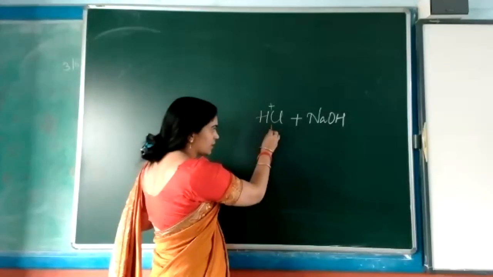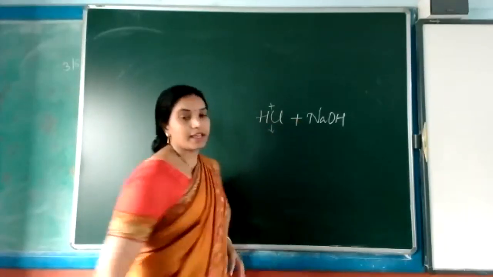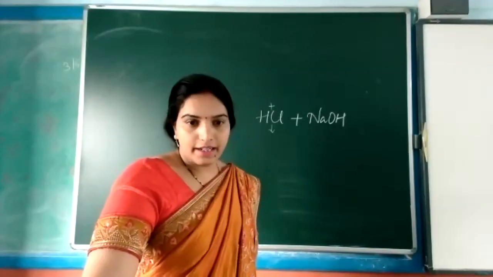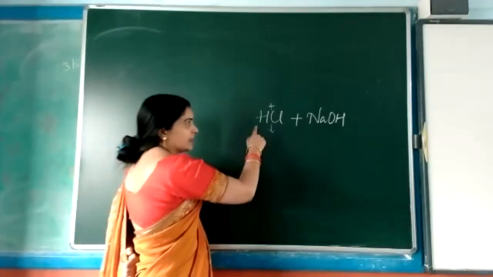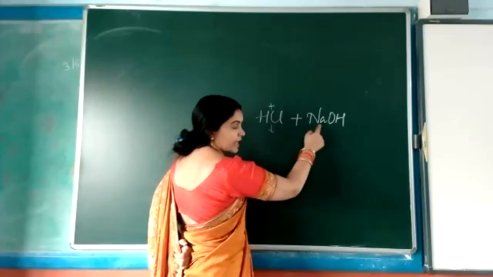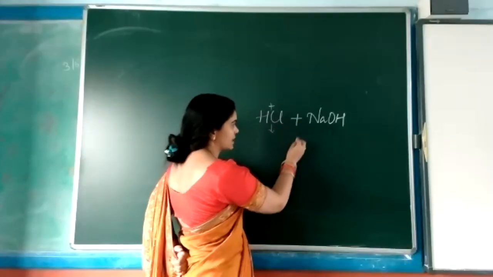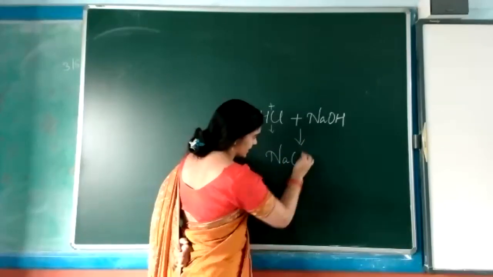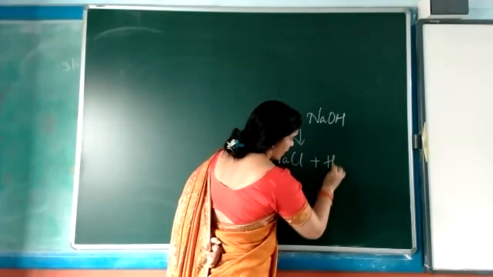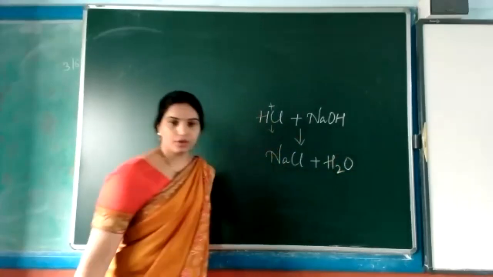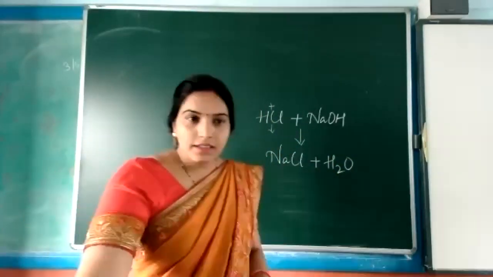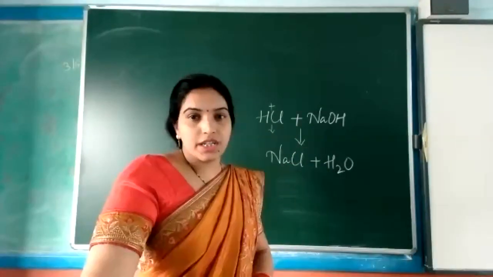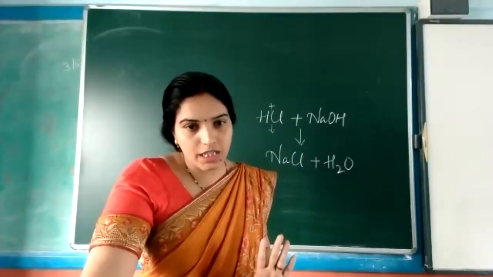When it dissolves or when it ionizes, acid and base produce H plus as well as hydroxyl ion. And along with this, exchange of radicals takes place in between acid and base. Final product will be common salt, that is NaCl, along with byproduct, that is H2O. Okay? Point which we have studied earlier also, always in neutralization reaction, the byproduct is H2O.